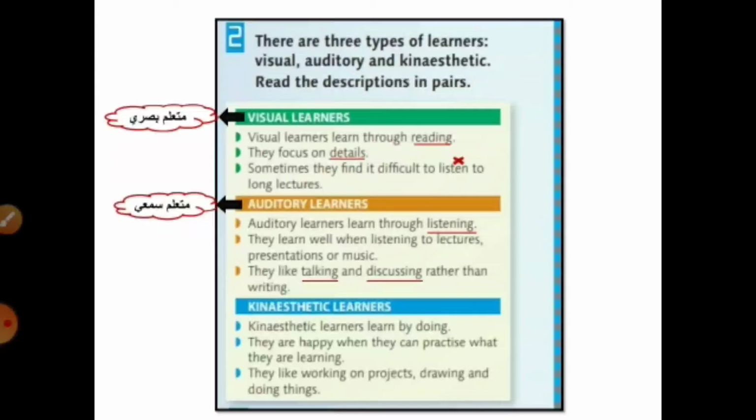Okay. Number 3 is kinesthetic learners, الحركي. Okay. Kinesthetic learners learn through doing. Then who learns through doing? Kinesthetic learners. They are happy when they can practice what they are learning. إذن هنا بفضلوا إنهم يمارسوا يلي تعلموه يطبقوه لهيك متعلم حركي.